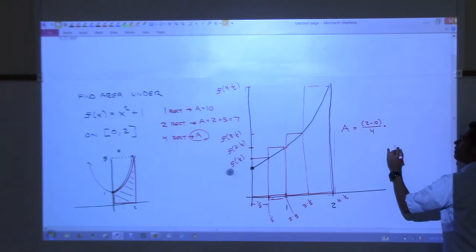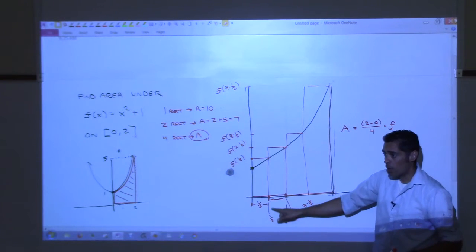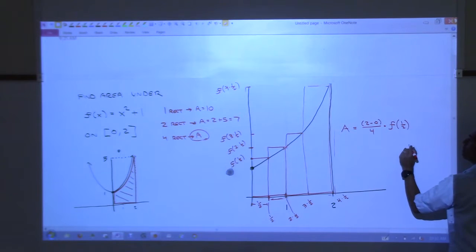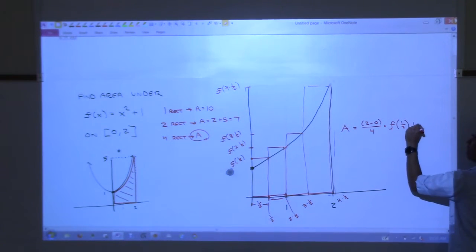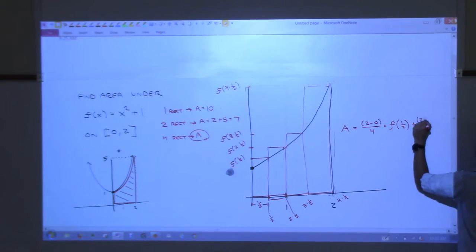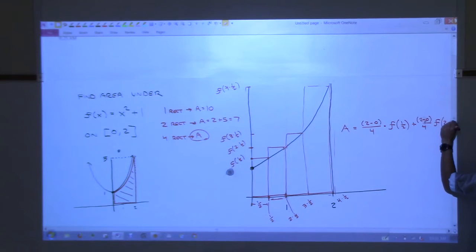Times f evaluated at the first mark, this one right here. So f of a half. Yes, so far? Plus now the width of the rectangle again, times f of 2 times a half.